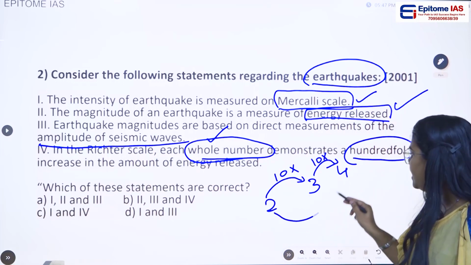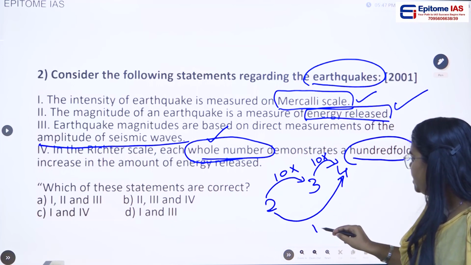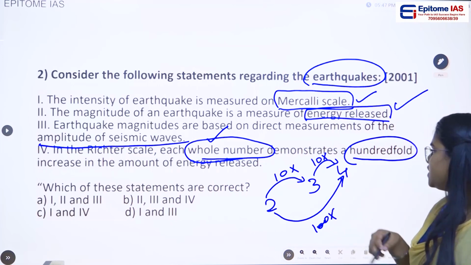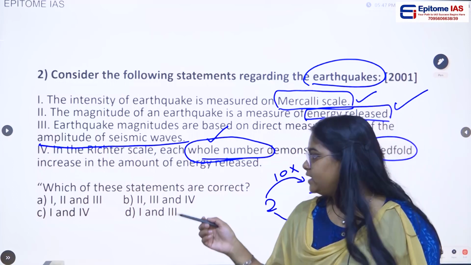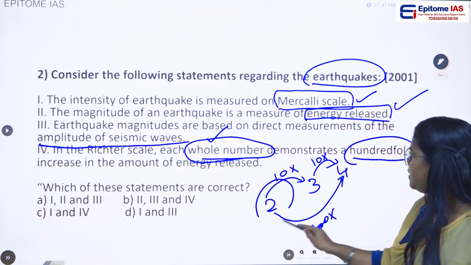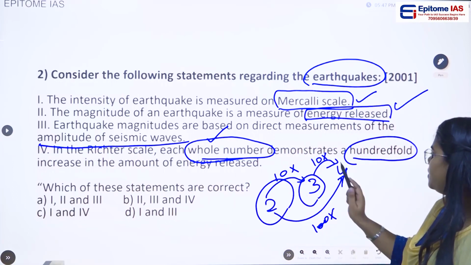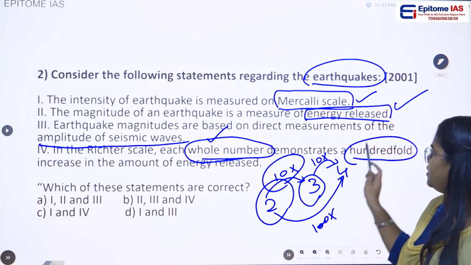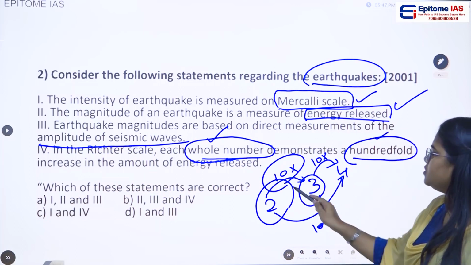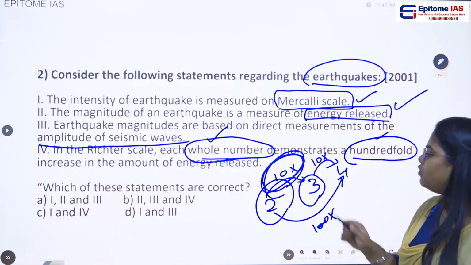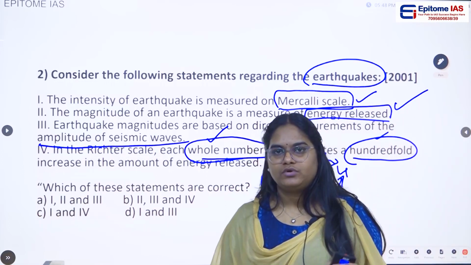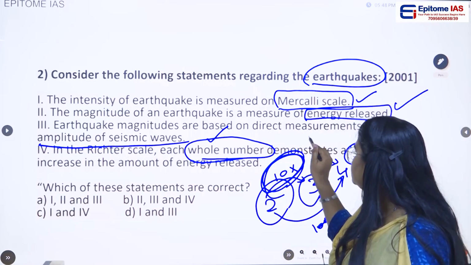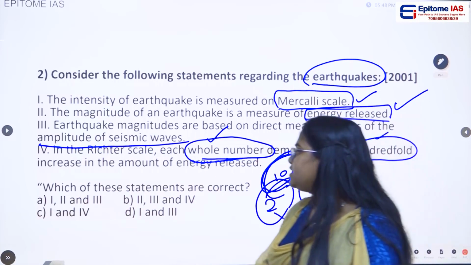But when you are comparing 2 with 4, you will have 100 times higher energy. But in the question, what they are asking is, from one whole number to another whole number, is there an increase of 100-fold? No, there is an increase of 10-fold. There is no 100-fold. Okay. So this particular statement is wrong. So what would be the correct answer?